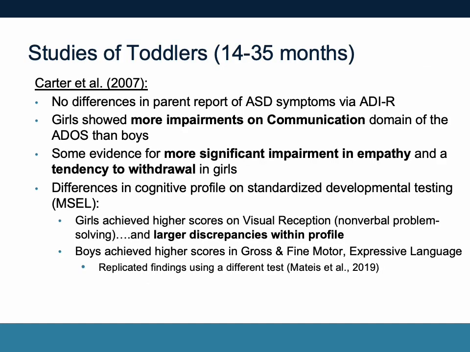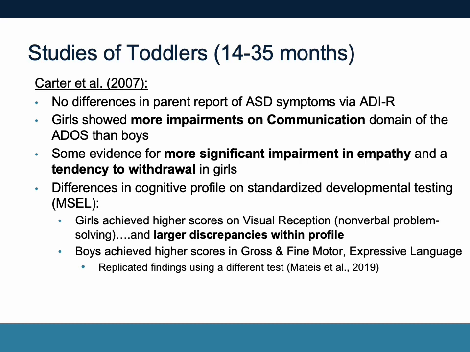So whereas the infant literature can give us some gaze-shifting paradigms to consider, the toddler literature has a different set of data to offer, and some of these findings are contradictory. So one of the first people to study differences in males and females between the ranges of 14 to 35 months was Alice Carter and colleagues, and they found there were no differences on parent-reported symptoms when they used the ADI-R.